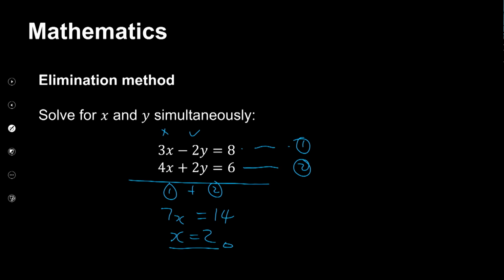So if I substitute it, 3x minus 2y equals 8. If I substitute my x as equals to 2, I will get 3 into 2 minus 2y equals 8.